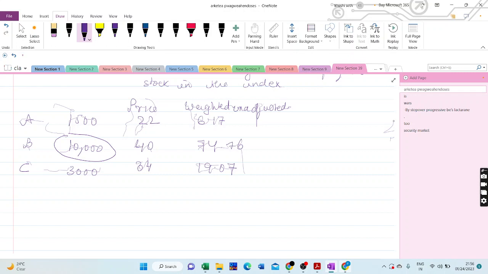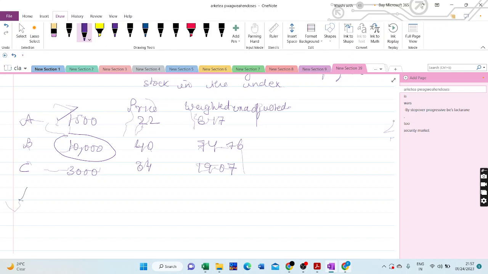The remainder 7,000 shares are held by the promoter. And say all shares of stock A and all shares of stock C are available for public trading. So we have to calculate the weight of each stock in the float adjusted market cap index, right?